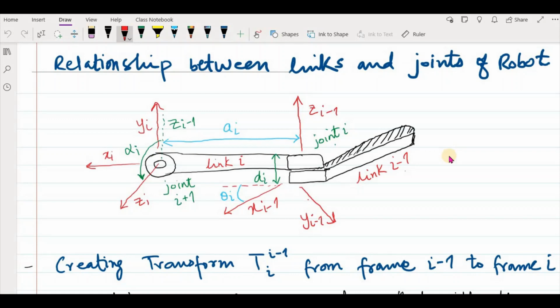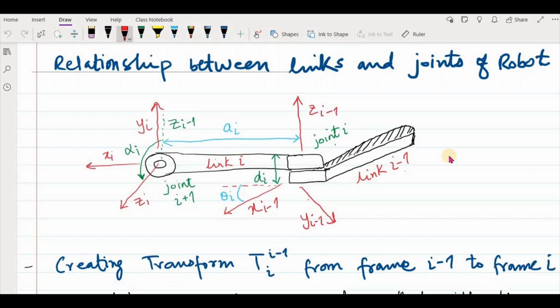Then the next parameter is alpha i. Alpha i is the angle between the z-axis of the previous frame, which is z_i minus 1, and the z-axis of the next frame, which is z_i. So the angle between z_i minus 1 and z_i is called alpha i. And this is also fixed because this link is twisted in a fixed way.